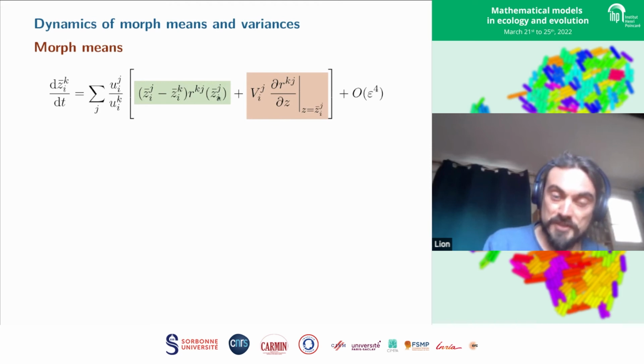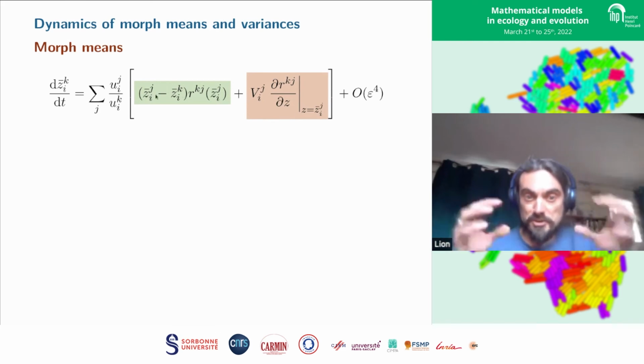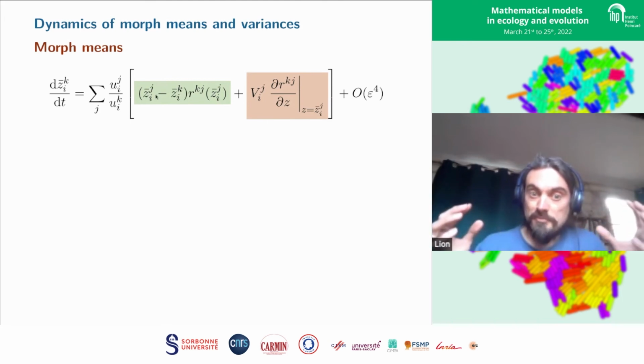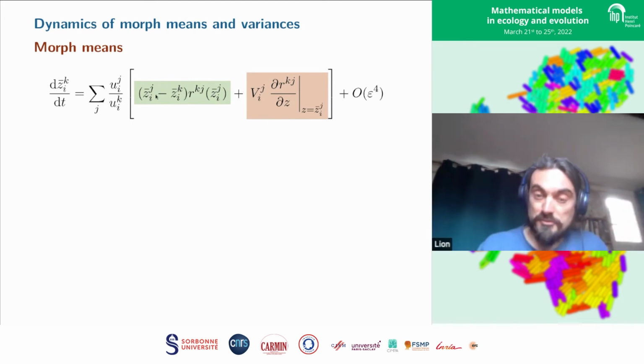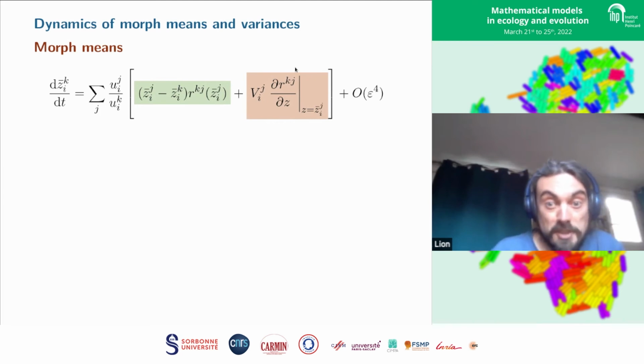But we have another term that represents the migration between two classes. This term is going to tend to homogenize the morph means across different morphs, and this is going to represent some directional selection that may move the morph means in different directions.